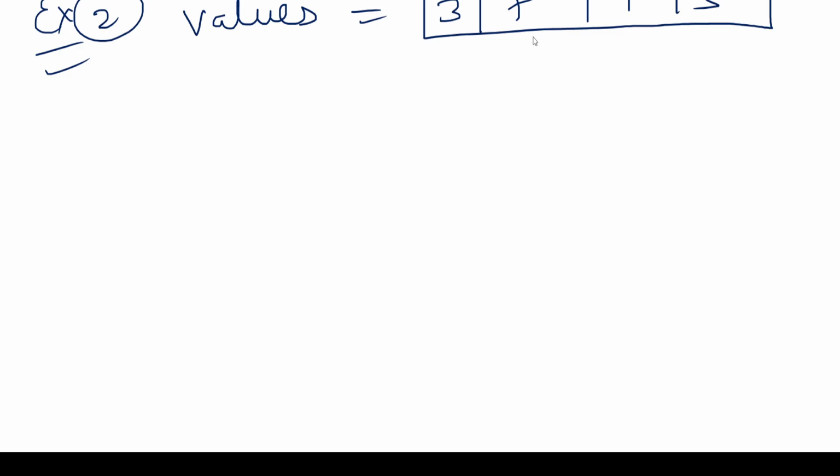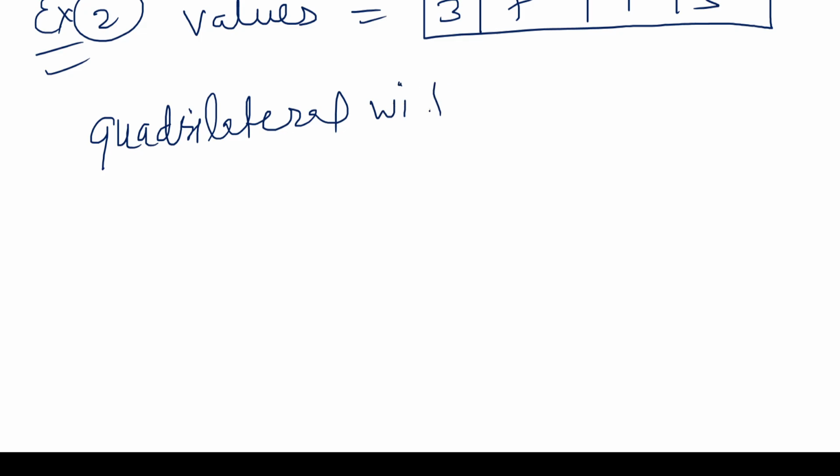If we take an array, or a polygon, having 4 sides or 4 vertices, this is nothing but a quadrilateral. Quadrilateral, we say, with 4 sides or 4 vertices.